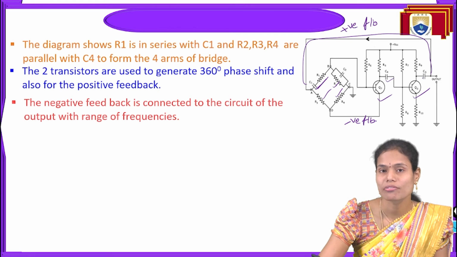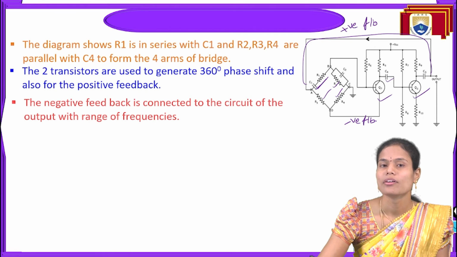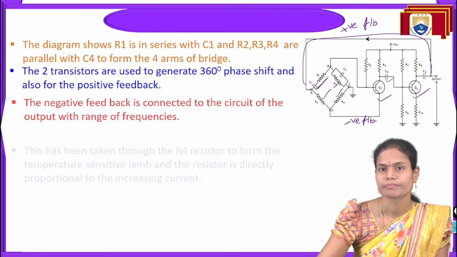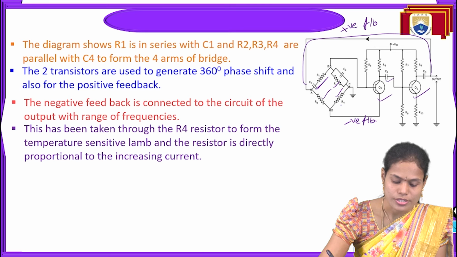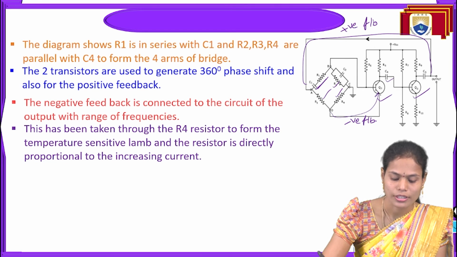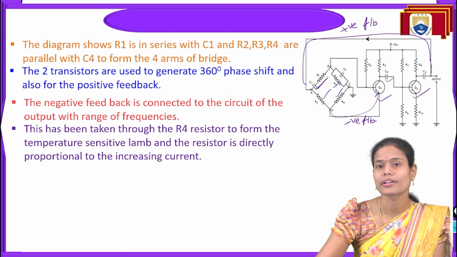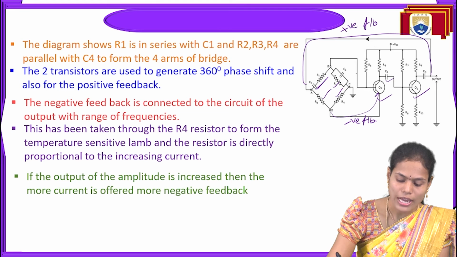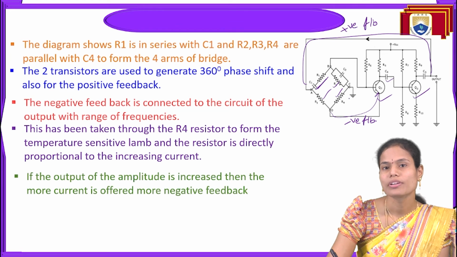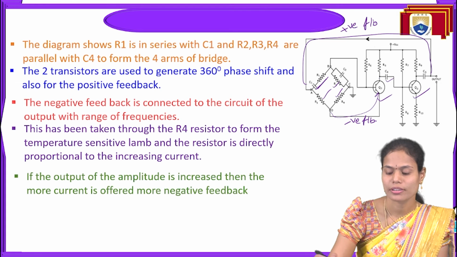At what frequency range we require that feedback, we need to provide here. And through the R4 resistance we are providing the feedback. It will increase the current of the circuit here. Okay, so here if the amplitude increases, then more current is offered, so we will get more negative feedback for the circuit.